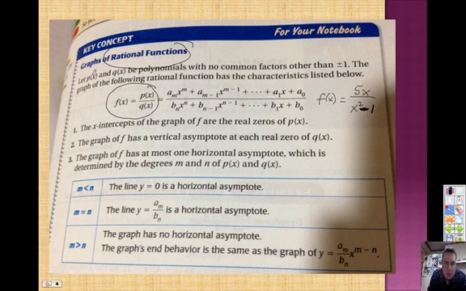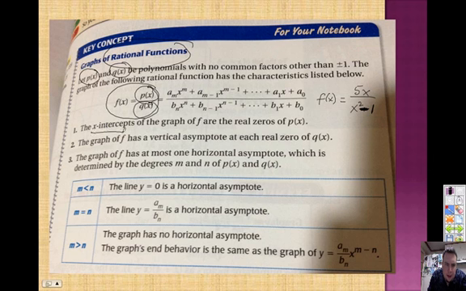It says let p of x and q of x be polynomials with no common factors. So here's p of x, the top. As soon as it says p of x, that's the numerator. As soon as it says q of x, that's the denominator.